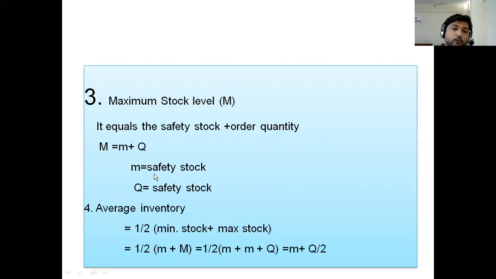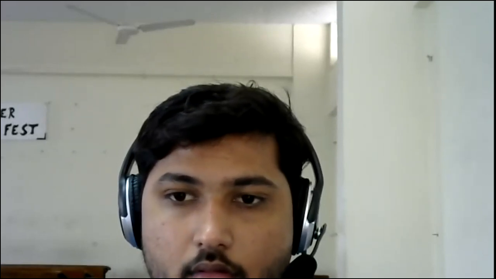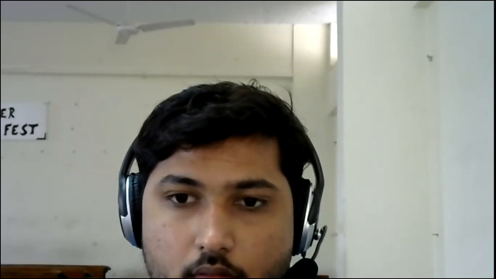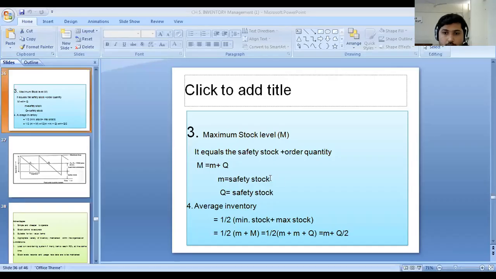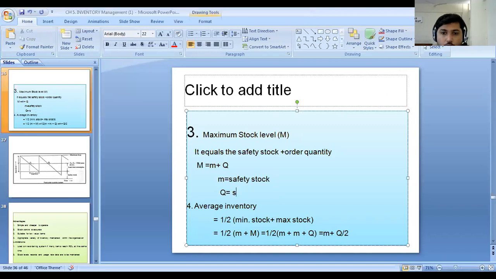So here M is equal to safety stock, and Q is equal to order quantity.